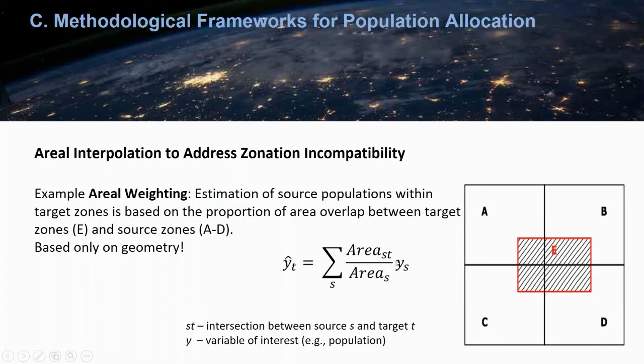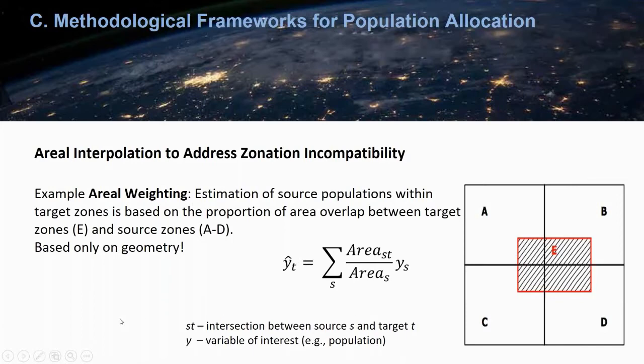You can see in this very simple equation that for each iteration, which goes through the different source zones, we take the source zone area, in this case for A, take the overlapping area with E, and calculate the proportion of the target zone overlap divided by the source zone area. This is multiplied by the population estimated for source zone A. Exactly the same procedure is carried out for each source zone to then come up with our target population for our target zone E.